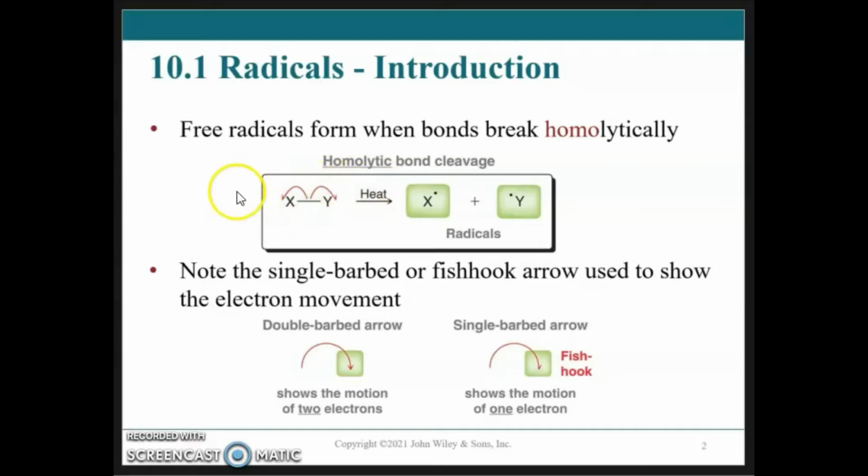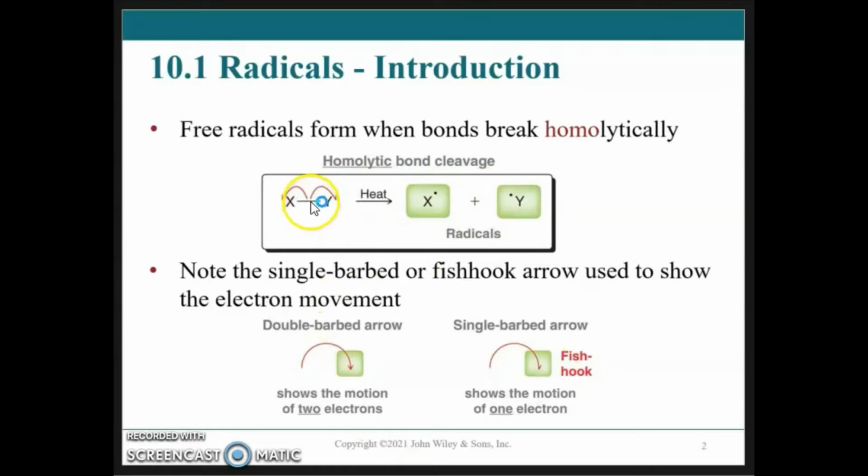So in this schematic, a molecule is subjected to heat, and if the energy is of the appropriate quanta, the electrons will promote to an antibonding molecular orbital, and there'll be homolytic cleavage.